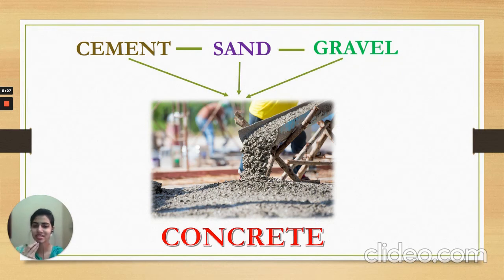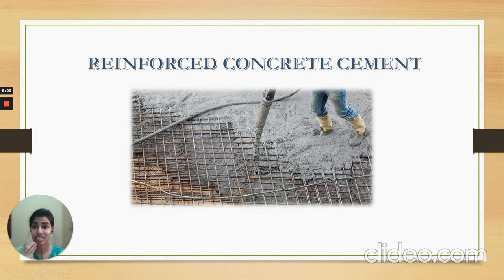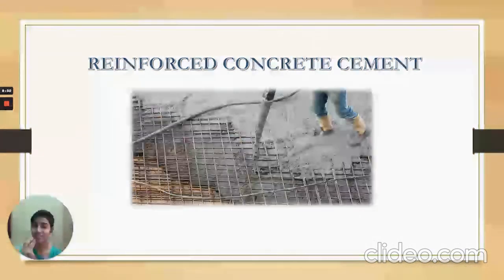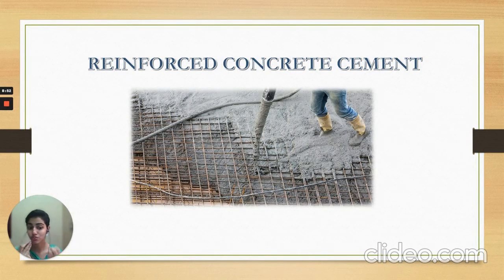Next, we can see reinforced concrete cement. This is a more composite material which is obtained by mixing iron mesh. You can see the iron mesh over there. When you mix iron mesh and cement, you get reinforced concrete cement. Compared to mortar and concrete, reinforced concrete cement is stronger and very firm also.